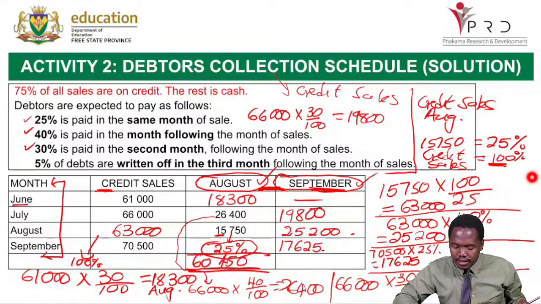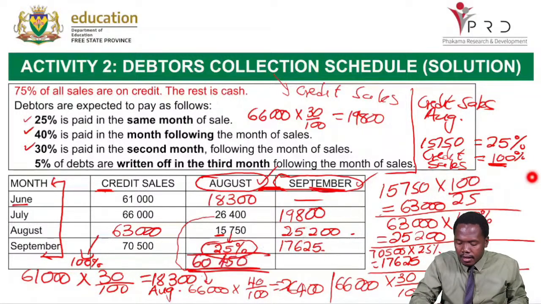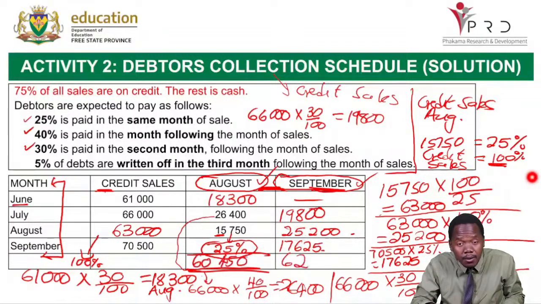Then 19,800 plus 25,200 plus 17,625. Then we get 62,625.